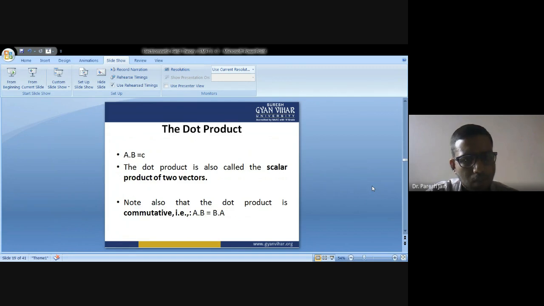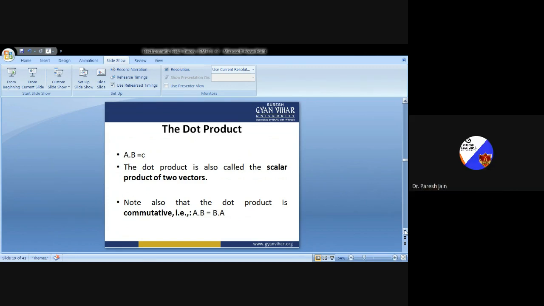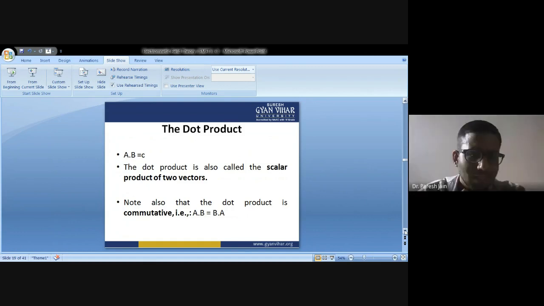The dot product is also called the scalar product of two vectors, because the output of the dot product of two vectors is always a scalar.